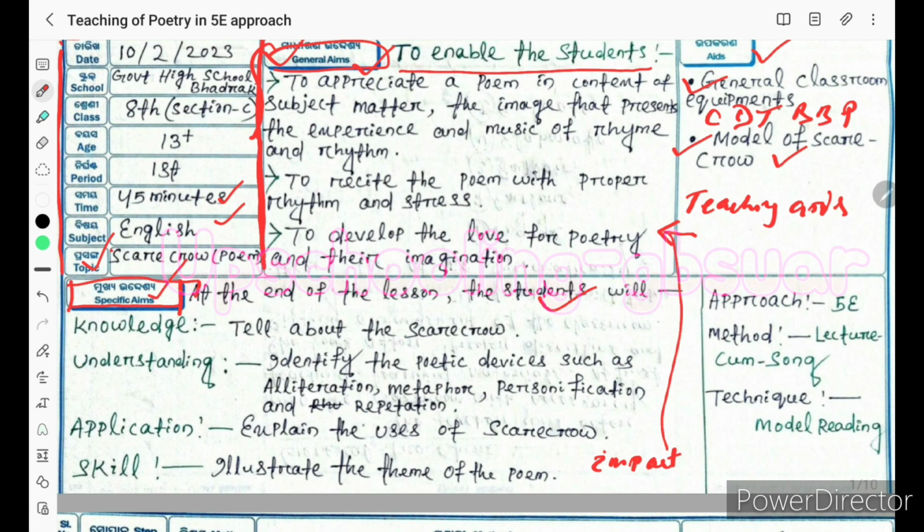Let's come to the specific objectives. The specific objectives are based on the particular topic. These objectives should be stated keeping in view the four domains of Bloom's taxonomy, such as knowledge, understanding, application and skill. 5E is a constructivist approach.